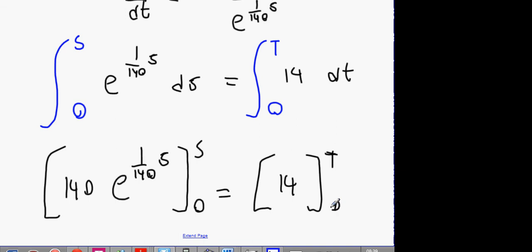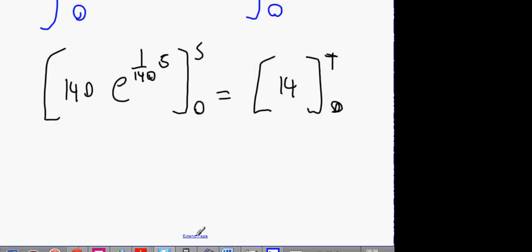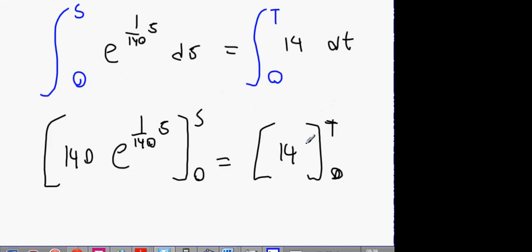Oh, 14t, you're right. What's going to happen next is it's going to be 140 e to the S over 140, and the next one is e to the power 0. When all of this is to the power 0, it's worth 1, so it's going to be minus 140.